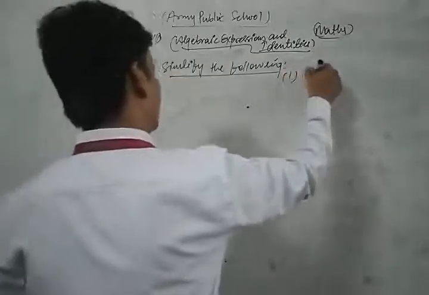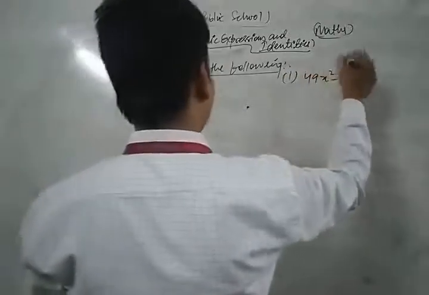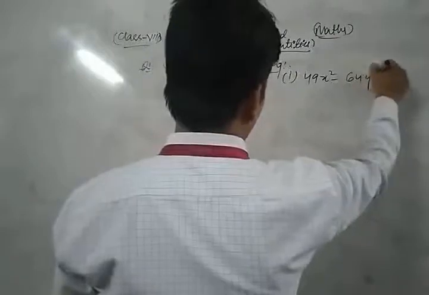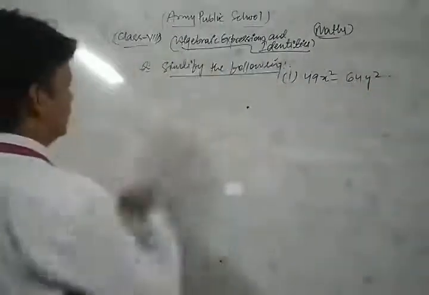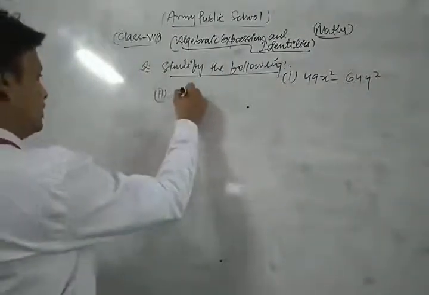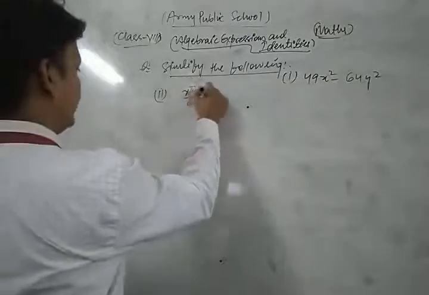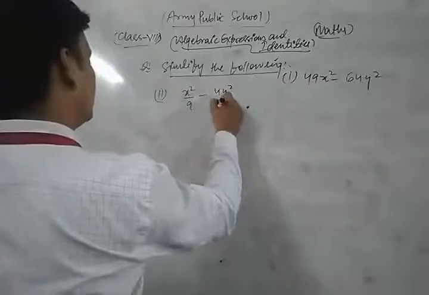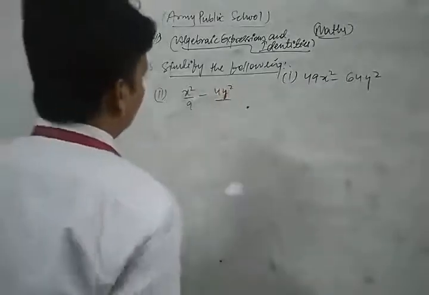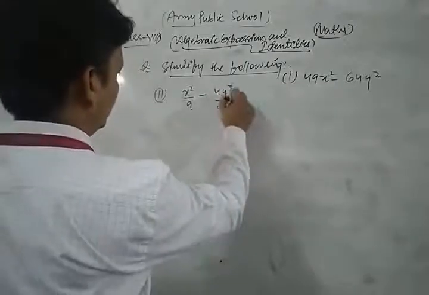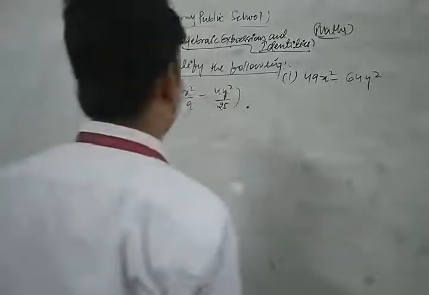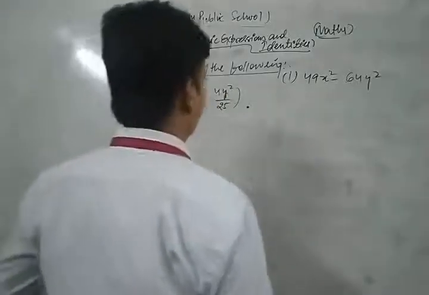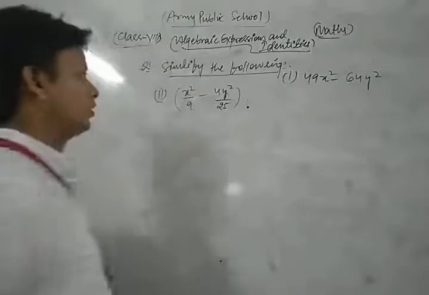First is what? 49x square minus 64y square. Second one is what? x square upon 9 minus 4y square upon 25. Yes, this is the question.